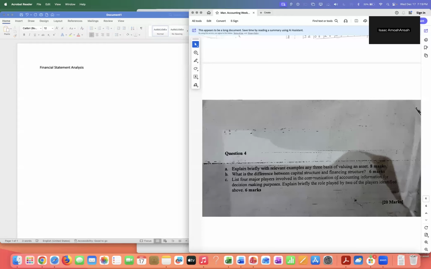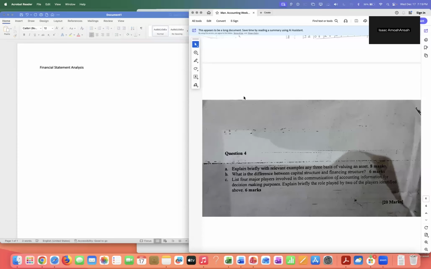List 4 major players involved in the communication of accounting information for decision-making purposes. When it comes to decision-making, there are some key players who help in passing on information from one stage to the other and then to the other, right? The first player involved in the communication of accounting information process is called management.